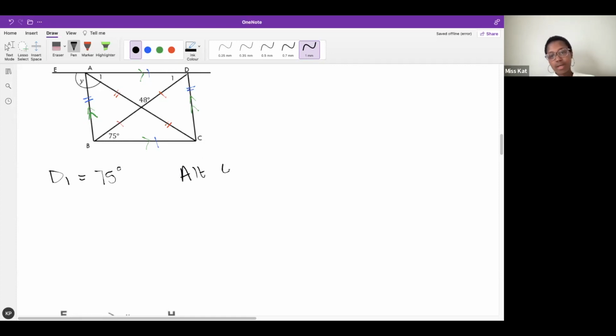Alternate angles, because AD is parallel to BC. So we know this one is also 75 degrees. Remember, we want Y. Now Y goes all the way from there to there. Okay, so now we have that 75 degrees.